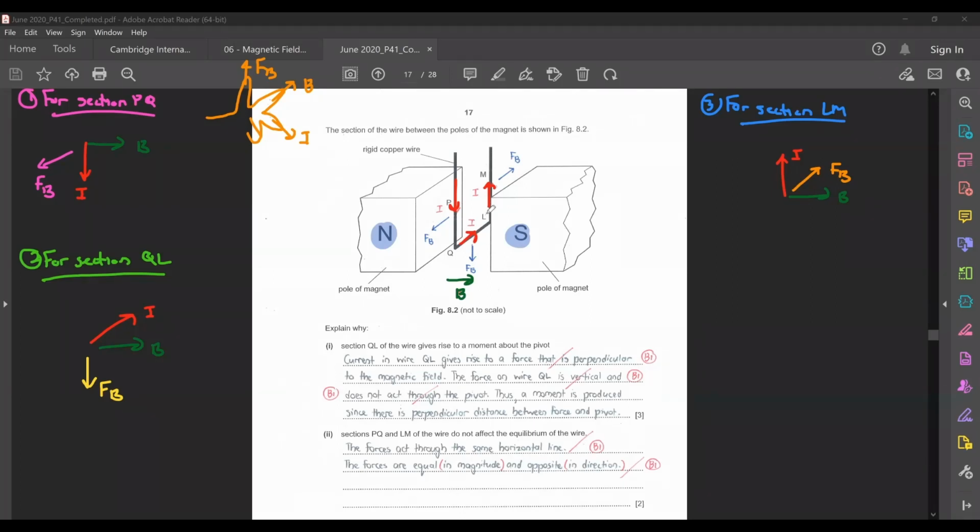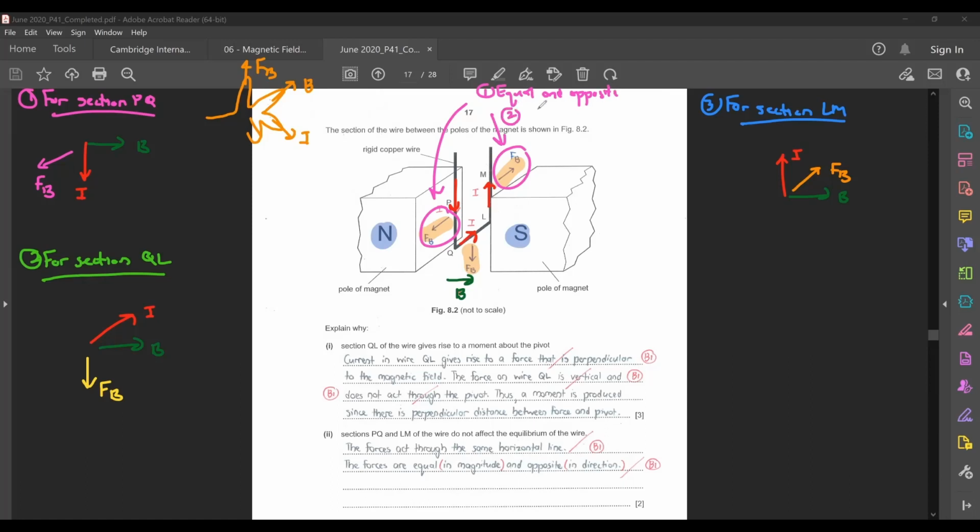So now when you look at the diagram itself, the magnetic forces acting on the sections of wire inside the field will be indicated over here. Now, specifically, if you look at the directions of the magnetic force on sections PQ and LM, you could say that they are, number one, equal and opposite to each other.